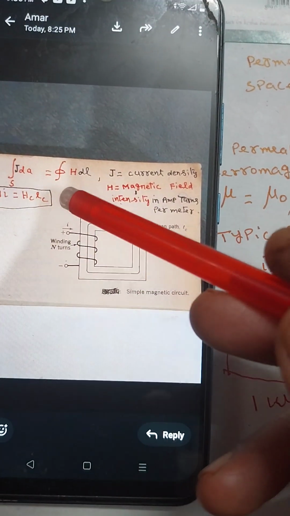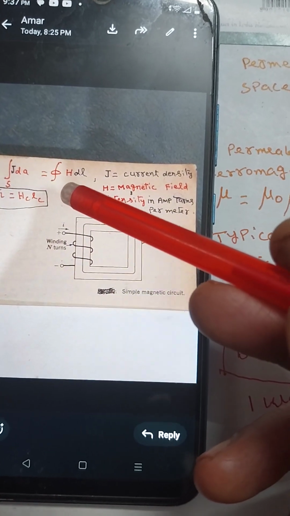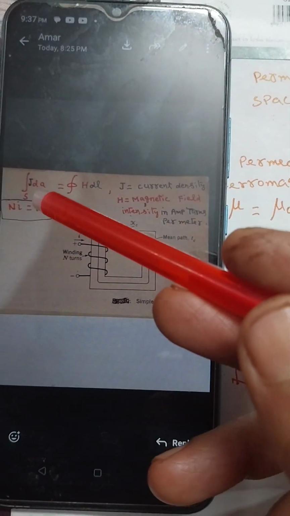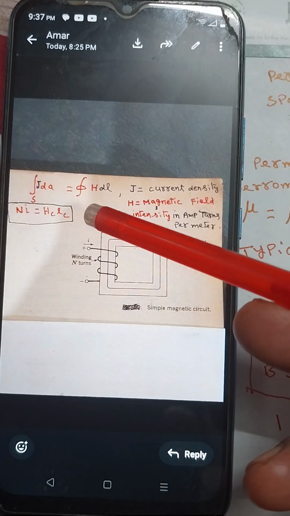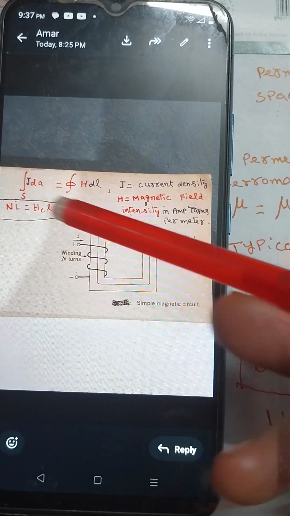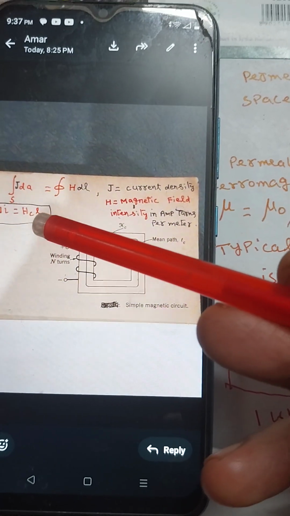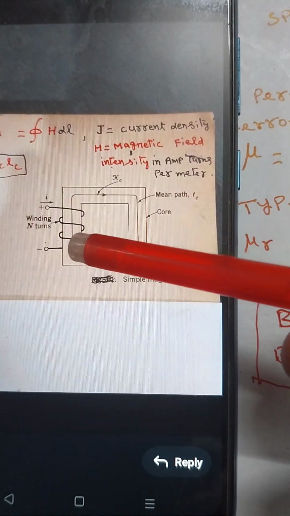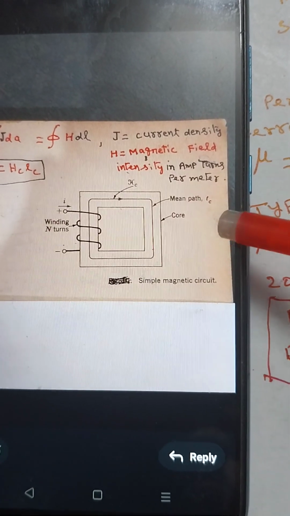This equation states that the line integral of H around a surface through which the current density J passes is equal to the total current enclosed. So the left hand side is converted to Ni, where N is the number of turns and I is current, and the right hand side is converted into Hc lc, where Hc is magnetic field intensity in the core and lc is the mean path of the core.